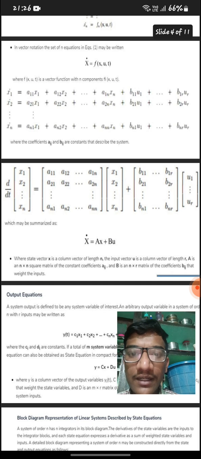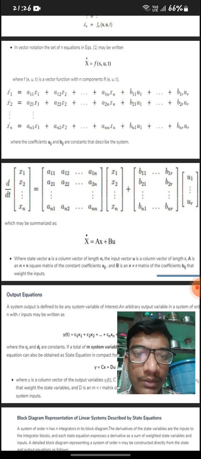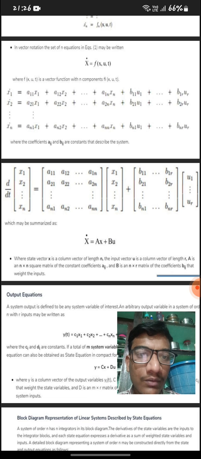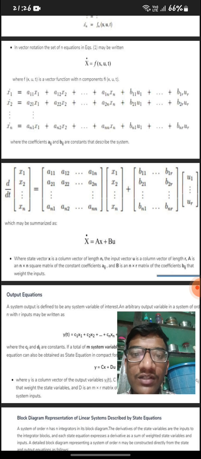Now we can write this as the derivative d by dt of the vector x1, x2 up to xn equals the matrix a11, a12 up to a1n, a21, a22 up to a2n, and an1, an2 up to ann, times x1, x2 up to xn, plus the matrix b11 up to b1r, b21 up to b2r, and bn1 up to bnr, times u1 up to ur, which may be summarized as x dot equals ax plus bu.